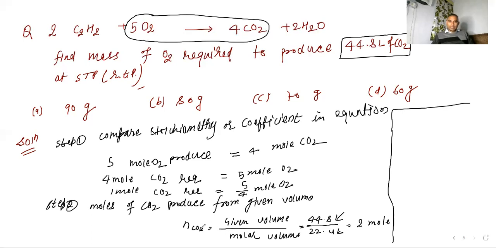Now they are saying 2 mole is given, step number 3. So 2 mole CO2 required, how much O2 will be required? 1 mole requires 5 by 4, so for 2 mole we can do 5 by 4 into 2 mole O2.